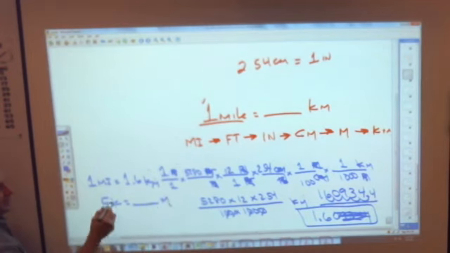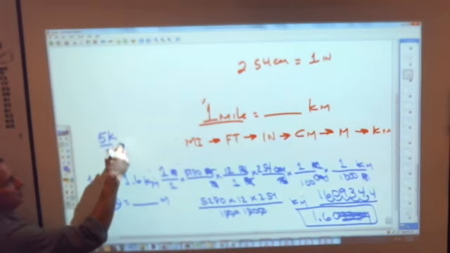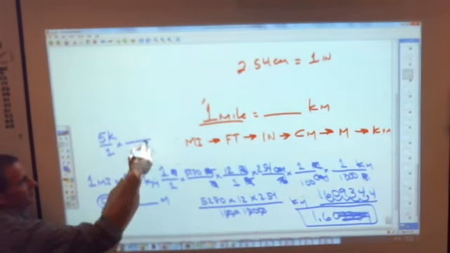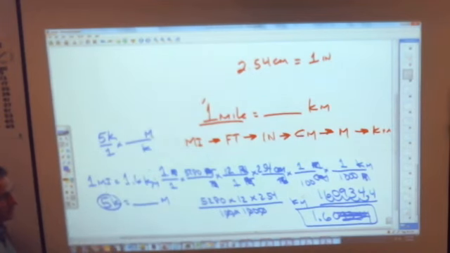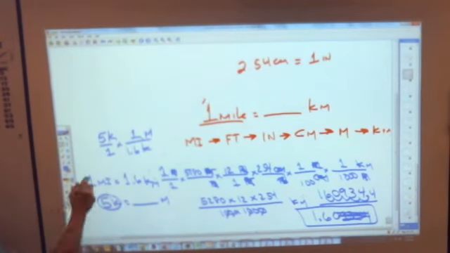I take my given, I put it over 1. I need to multiply it by the conversion fraction that has K on the bottom and M on top. I know that there is 1.6 Ks in 1 mile. And we hope for my sake that if I divide 1.6 into 5, I get somewhere around 3.